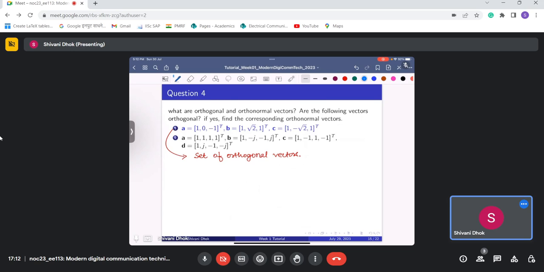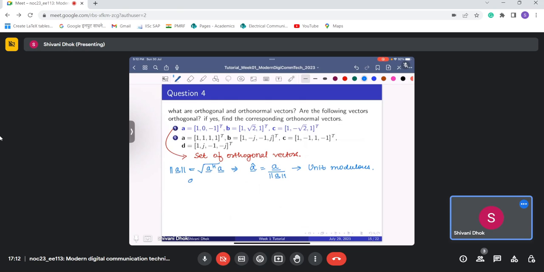If the length of a, let's say norm a, is equal to the square root of a Hermitian a, then a hat, which is a bar upon norm a, has unit modulus.